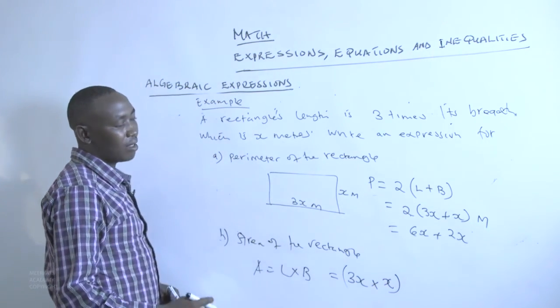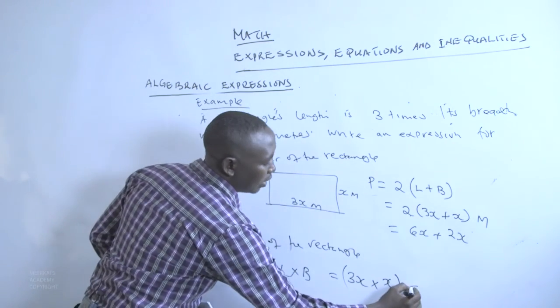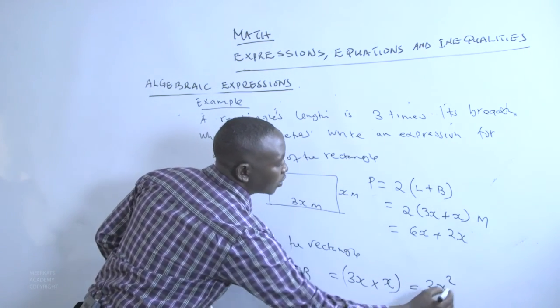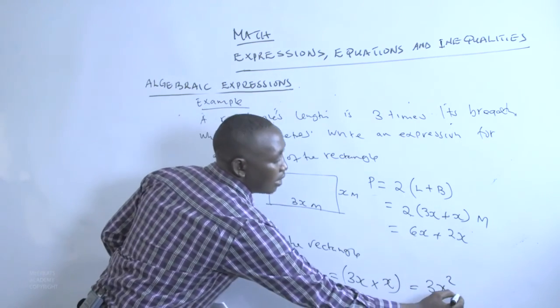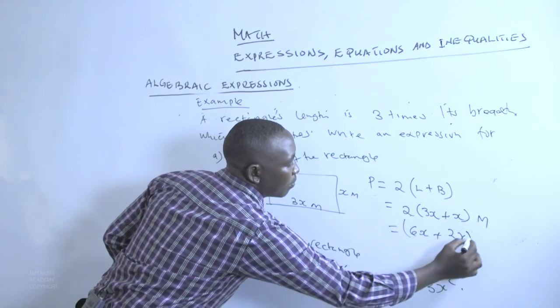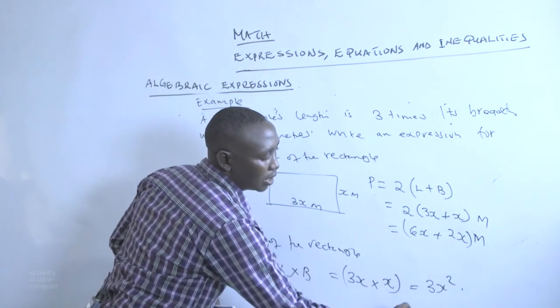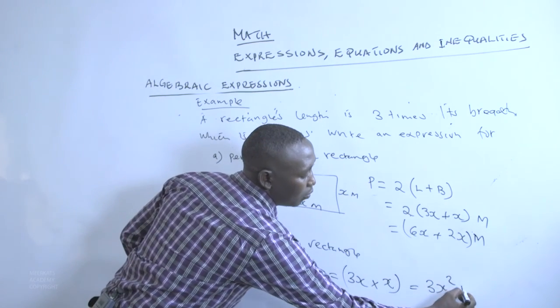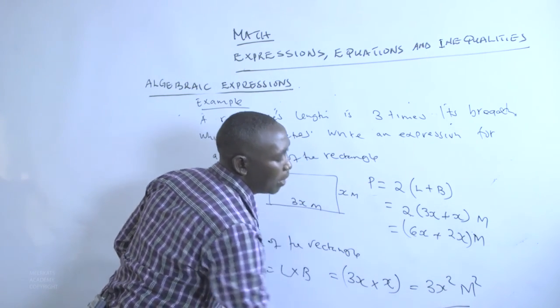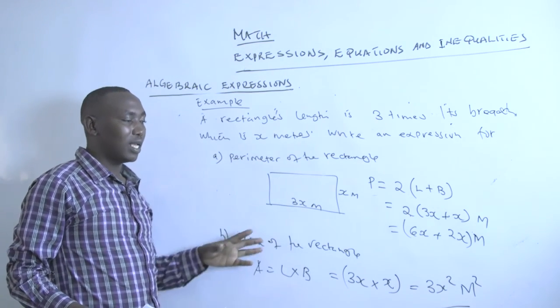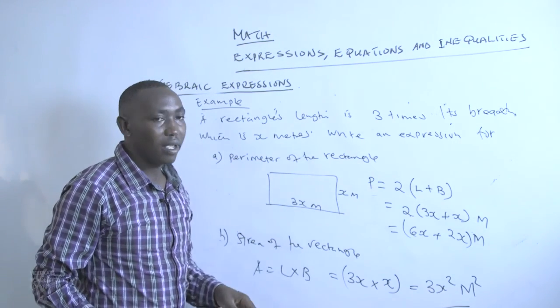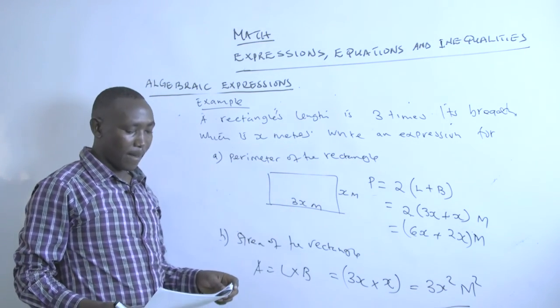So when you multiply 3x and x, you'll get 3x squared, and because it is area, the units will be square meters. So the expression for this rectangular area will be this 3x squared.